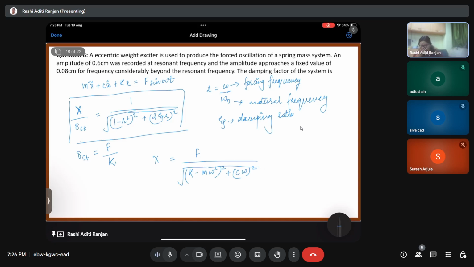Now, the first thing is that for an eccentric weight exciter, how is this F actually defined? For an eccentric exciter, you have a circular disc, and this is its center.